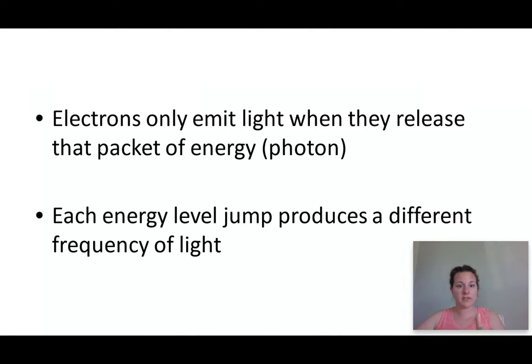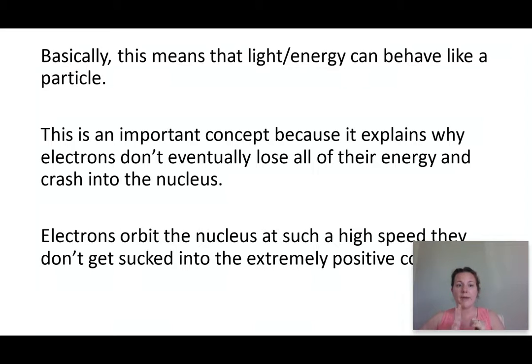And we know this from last year, each energy level jump produces a different frequency of light. So basically, this means that light and energy can behave like a particle. The electrons can release little packets of energy that are kind of like a particle. This is a really important idea because it explains why electrons don't just get attracted into the positively charged nucleus.